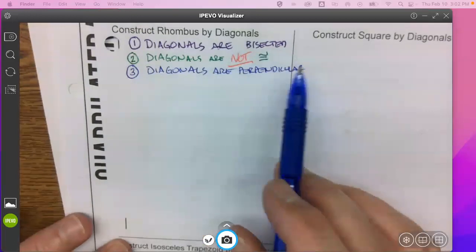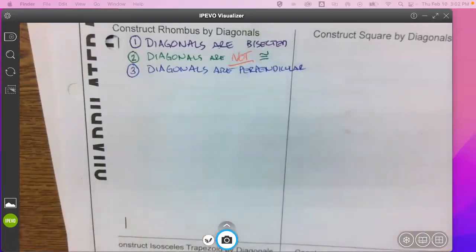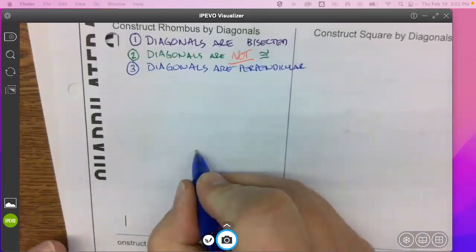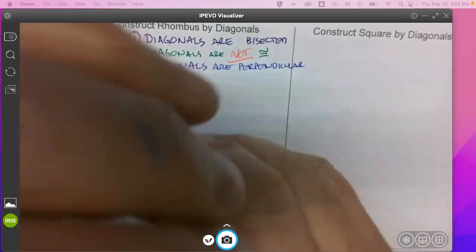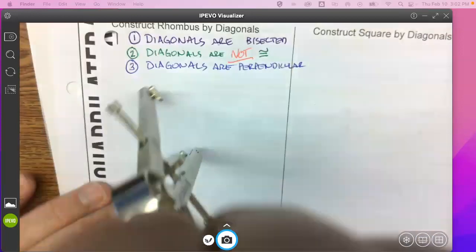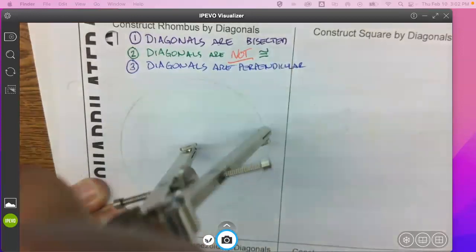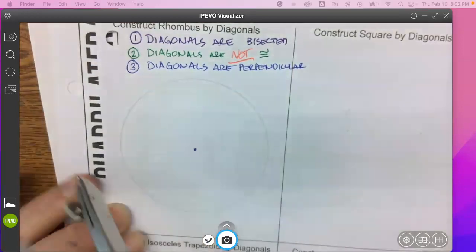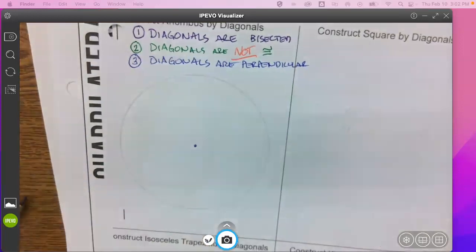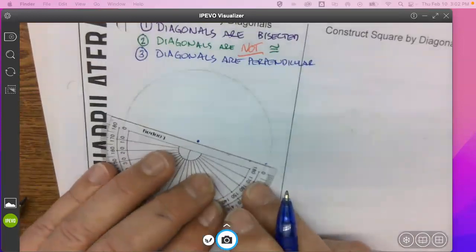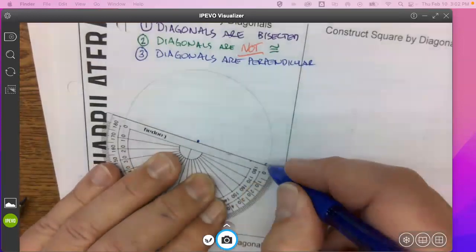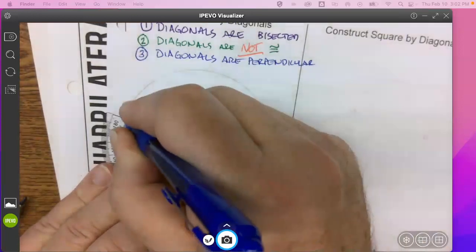So since the diagonals are bisected, can we do our little circle trick? Yep. Start in the center. Get as big a circle as you can. First one's free. Let's give ourselves a diagonal, also known as a diameter in this case.